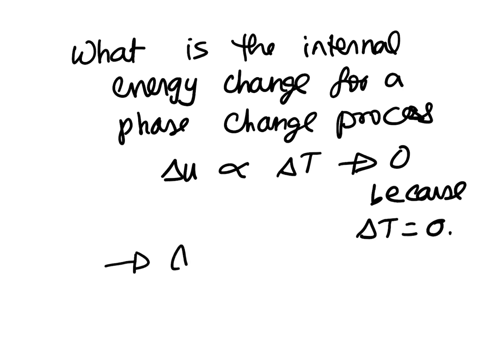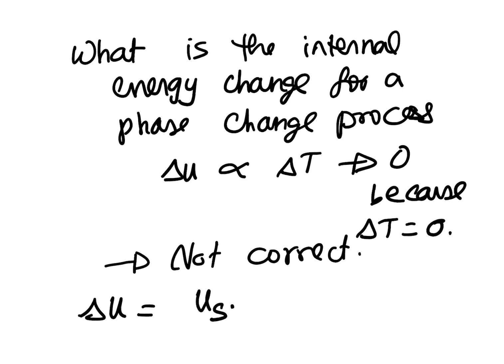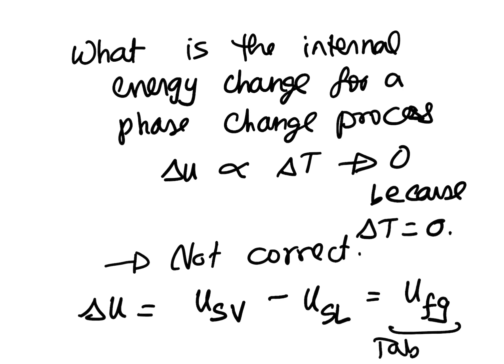You shouldn't go by that; it's not correct. You should go by the internal energy change being the energy of the saturated vapor minus the energy of the saturated liquid, which is ufg. Okay, which is given in the tables. ufg is simply ug minus uf.